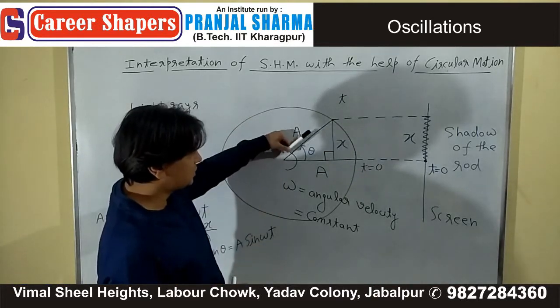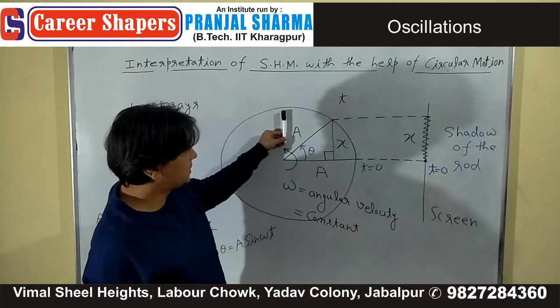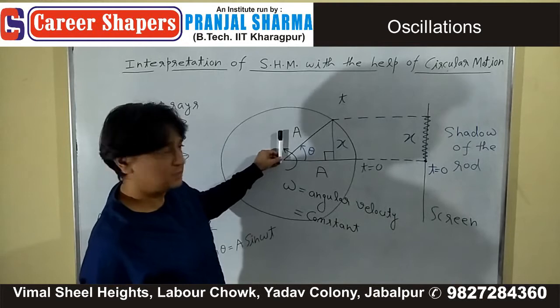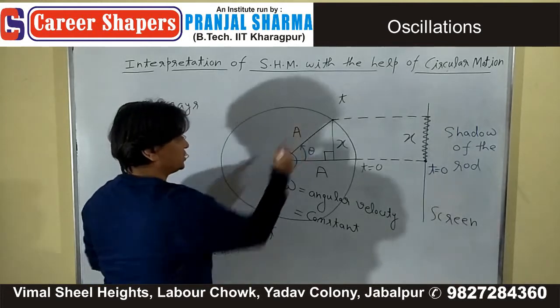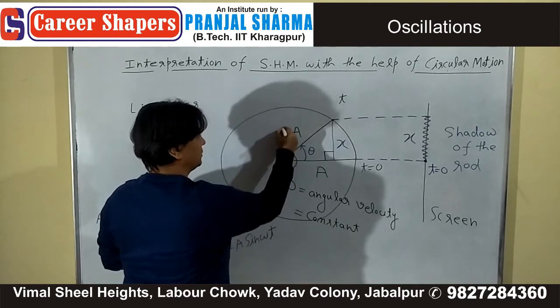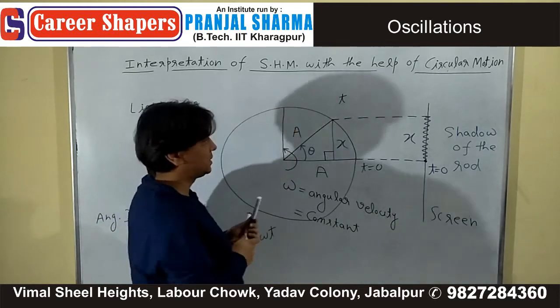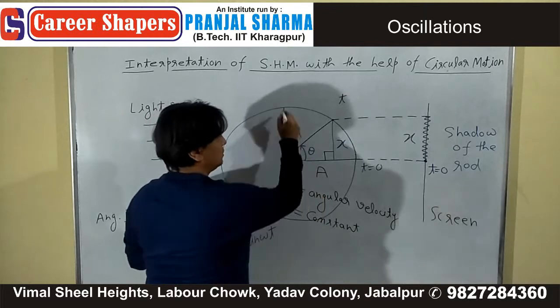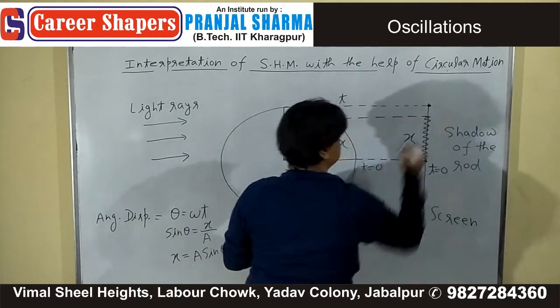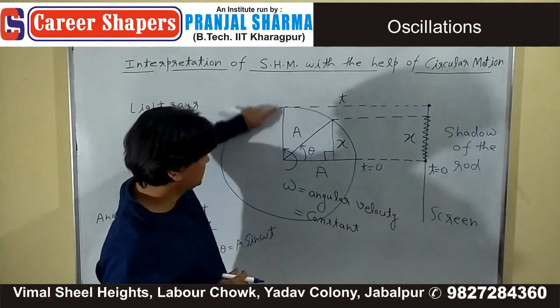Now, as this rod reaches and completes 1/4 circle, when it reaches the highest position over here, you know that the length of shadow will be up to here. And what is this length?